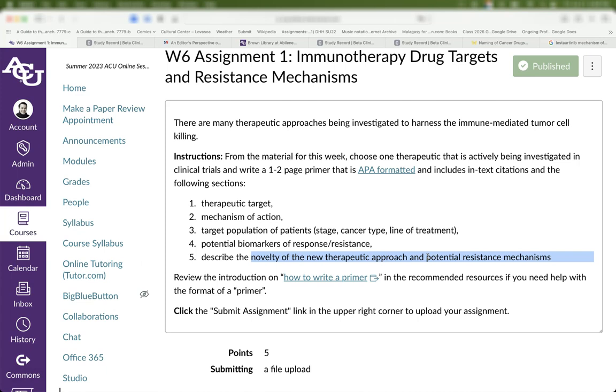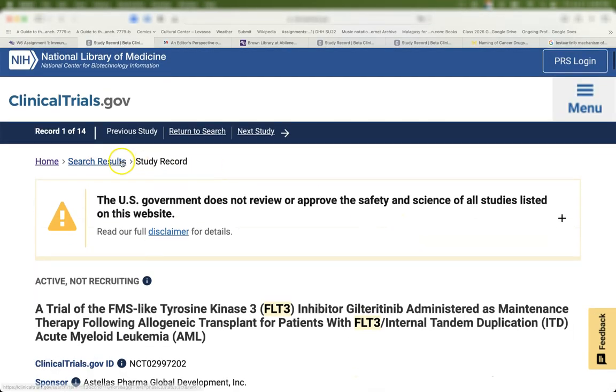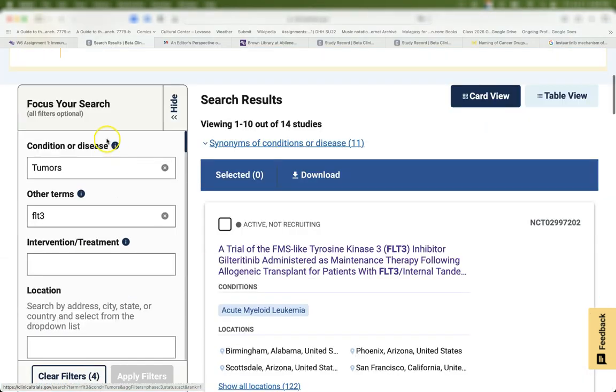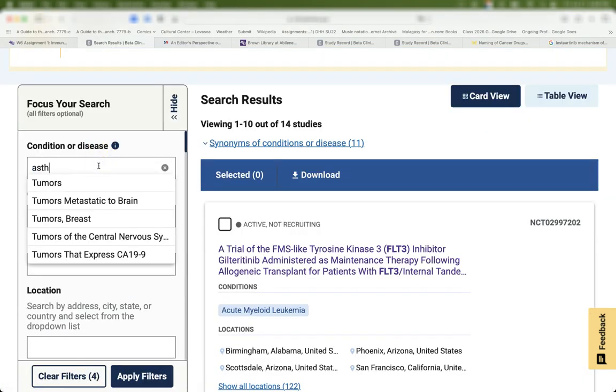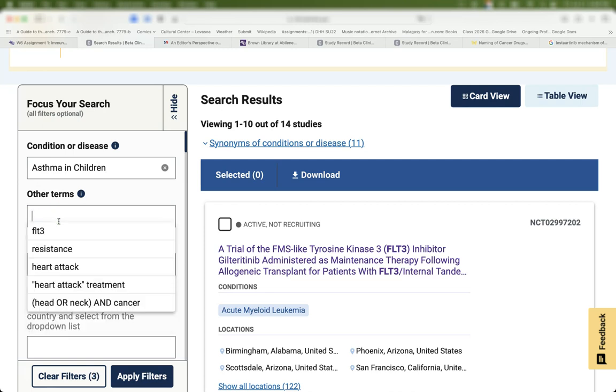But in this case, I'm just going to bring up something other than cancer so we can look in a little bit more detail. Let's go particularly with asthma in children. All right, and let's take that out here.